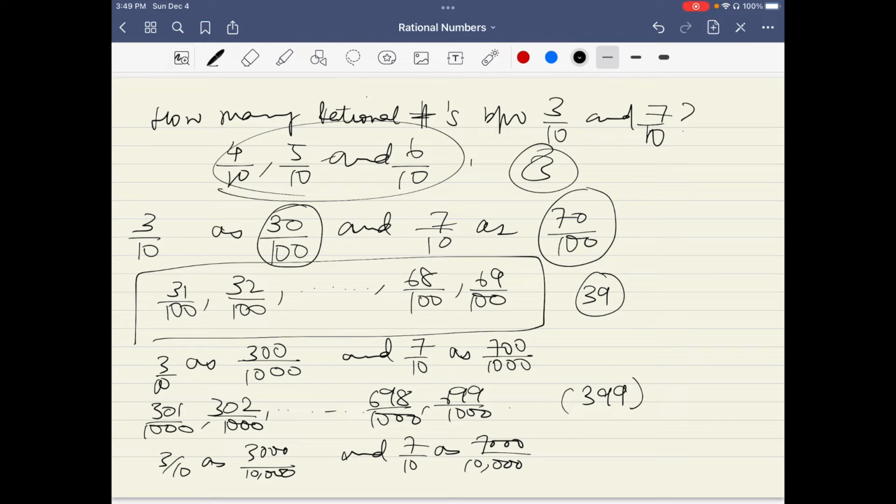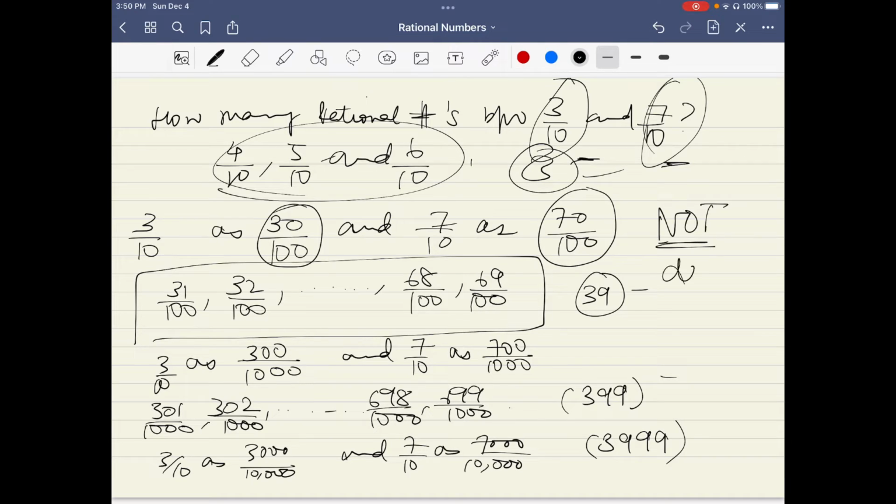And if we really see the pattern here, we will have 3,999 rational numbers between technically 3 over 10 and 7 over 10. Therefore, we can keep inserting numbers like this between 3 over 10 and 7 over 10. Therefore, unlike natural numbers and integers, rational numbers between two rational numbers are not definitive.